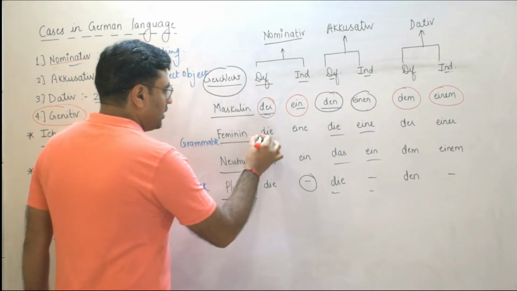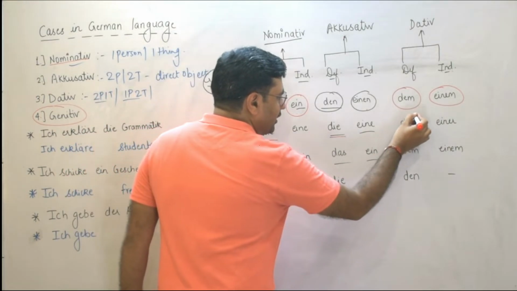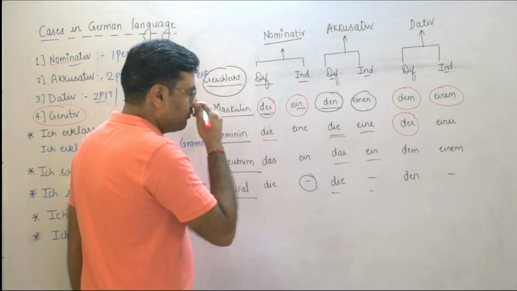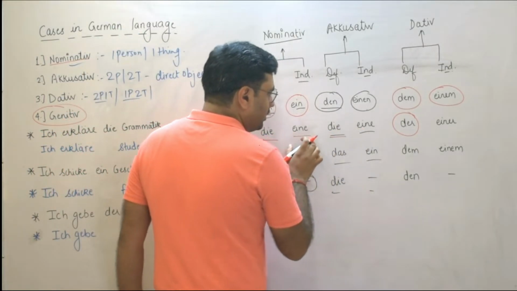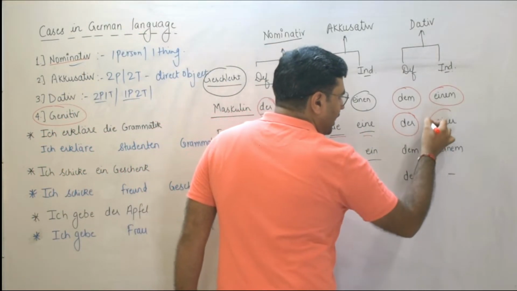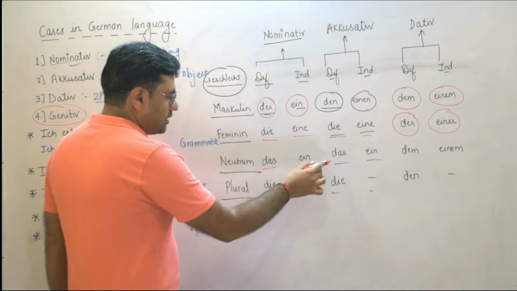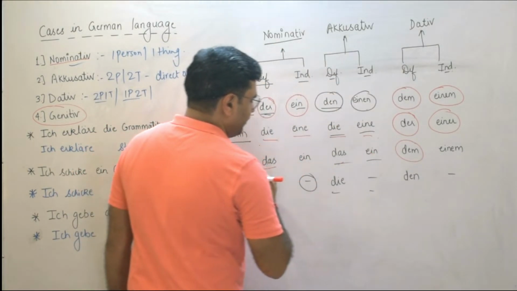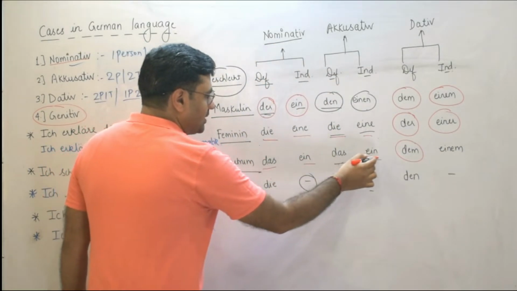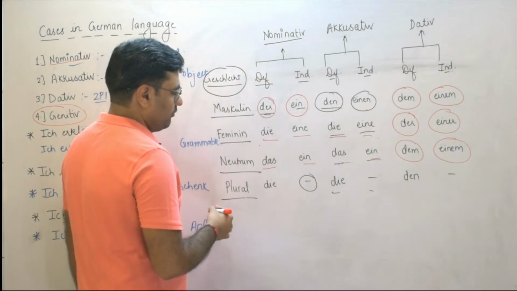Next one, feminine, die. Die remains die in accusative, but it becomes der in dative. Similarly, eine remains eine, but it becomes einer in dative. For neuter, das is das in accusative, it becomes dem in dative. Similarly, ein remains ein in accusative, but it becomes einem in dative.